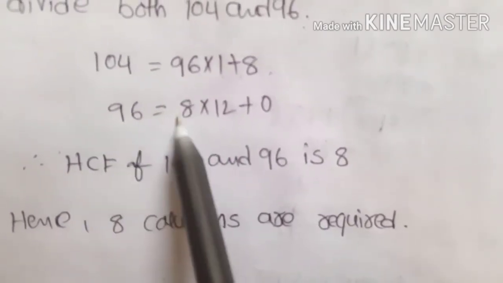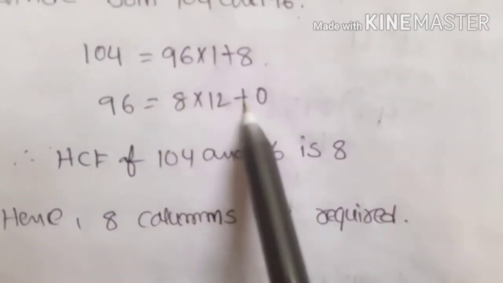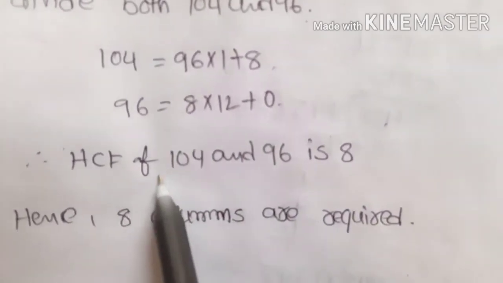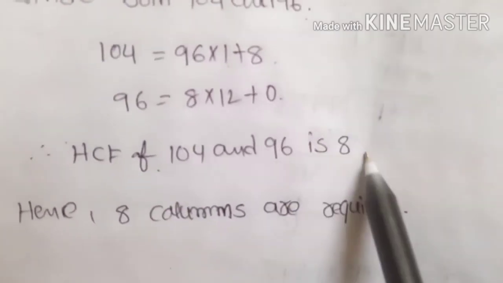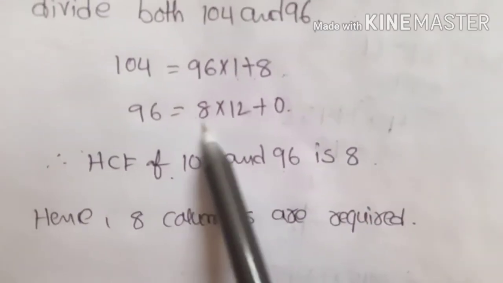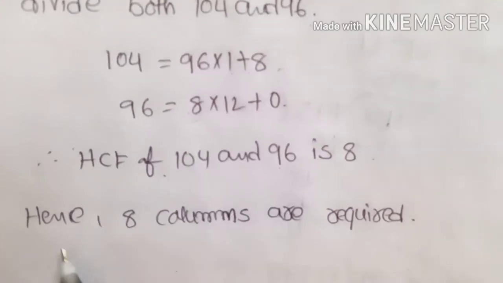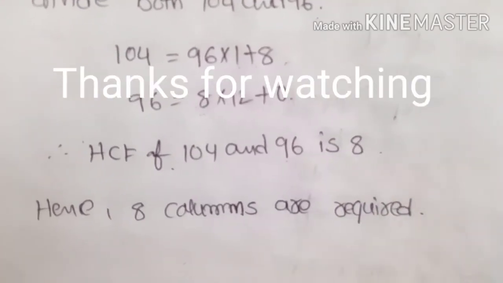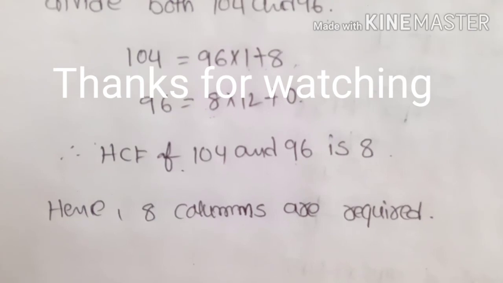Then 96 = 8 × 12 + 0. Okay, HCF of 104 and 96 is 8. Then this is the HCF, and so 8 columns are required. Okay, thank you.